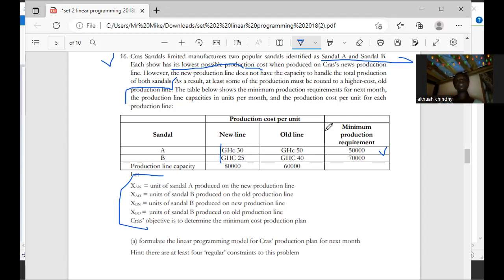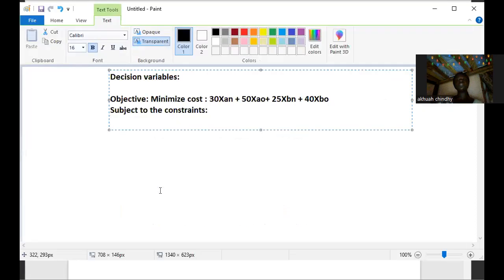So with this, because it's saying minimum, it means greater than or equal to. So it's telling us that X_A, that's Sandals A on the new production line, plus the quantity of A on the old production line should be greater than or equal to 50,000. So we'll write that here. That will be our first constraint.